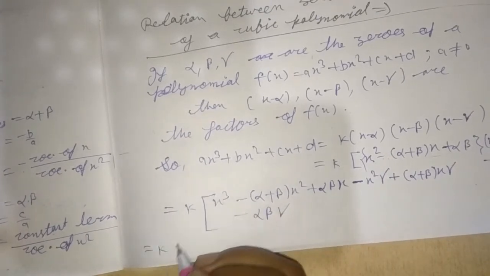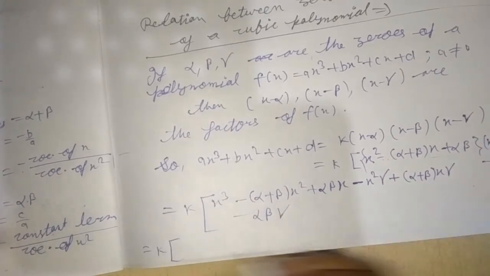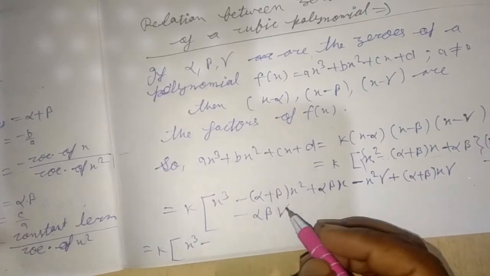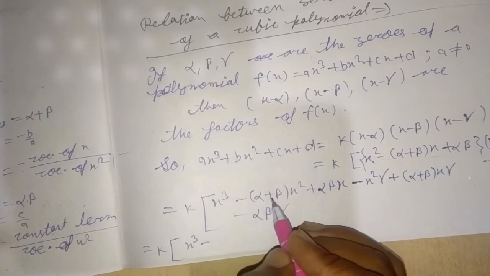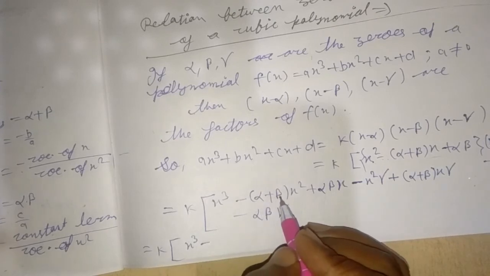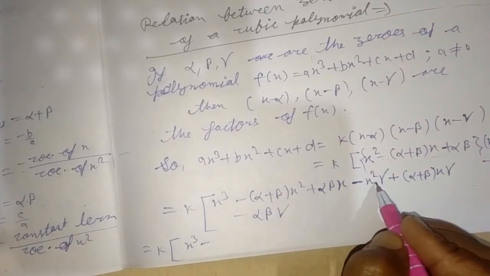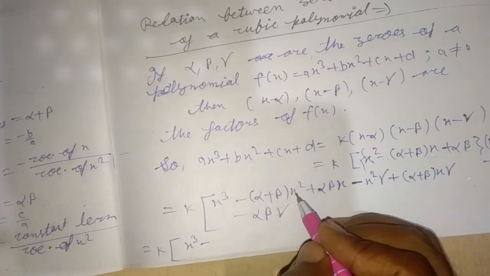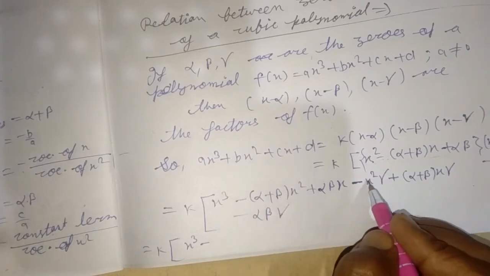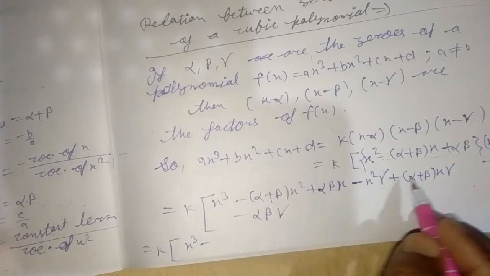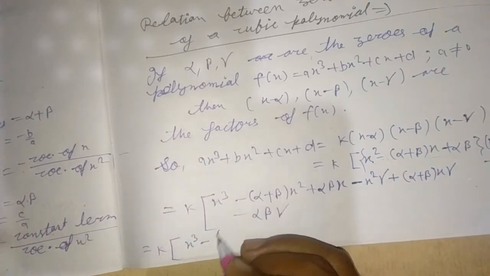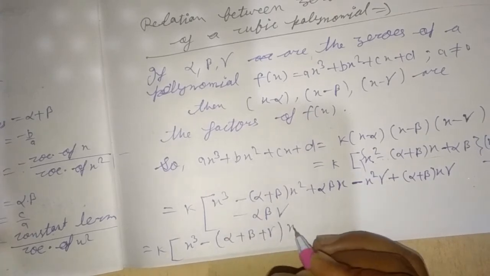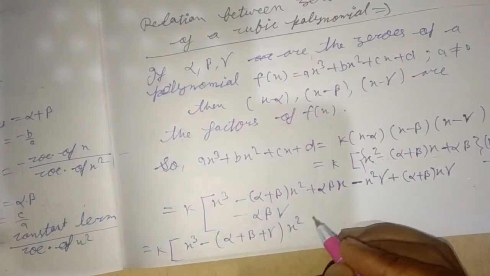So next line you can write x cube minus (alpha plus beta) x square and also minus x square gamma. You can observe that x square here and x square here, so when you take out common, you will get minus (alpha plus beta plus gamma) x square.